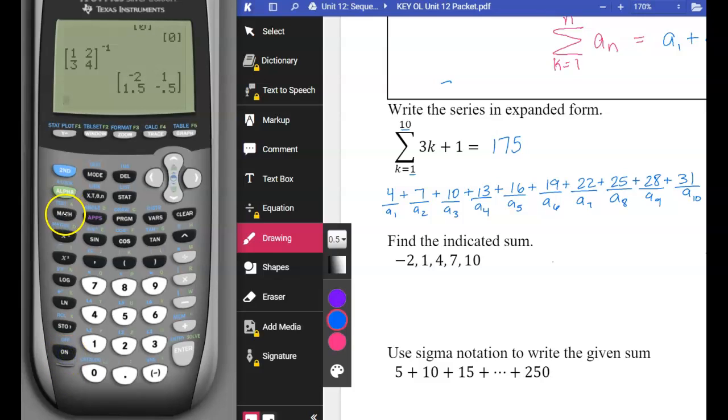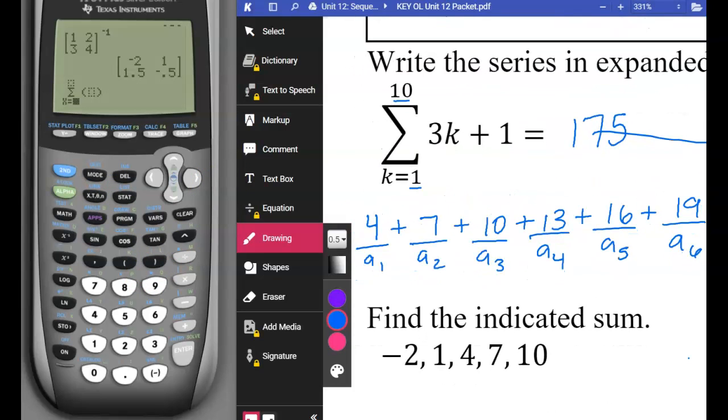what you can do is you can press math, up, up, up to summation. And there's a sigma. We type in x, so you can change the variable, it's fine. I'm typing in my lower value of 1, my upper limit of 10, of 3 times x plus 1. And I get 175.